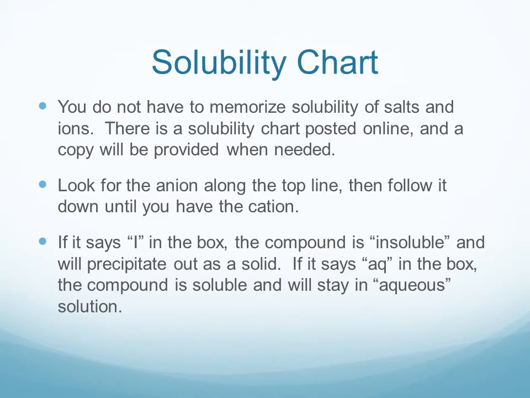Where they meet, there's a box. If that box says I, the compound is insoluble, and so it will precipitate out as a solid. If the box says AQ, then it is soluble and it will stay in aqueous solution. So if you would like to watch this video again when you have a copy of that chart, we're going to use it for some of our problems coming up in the lecture.